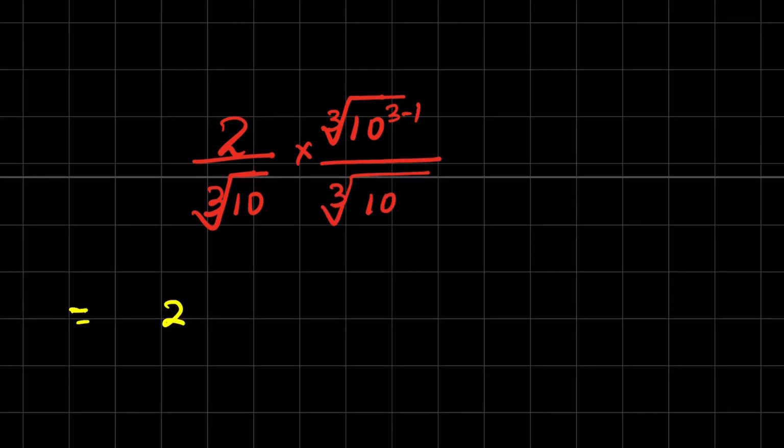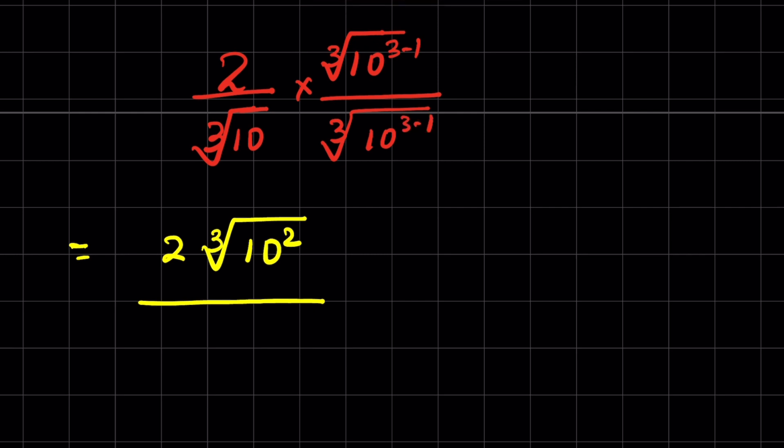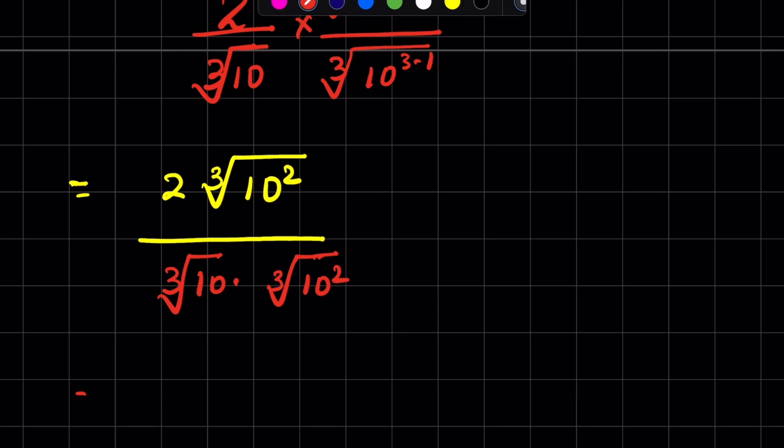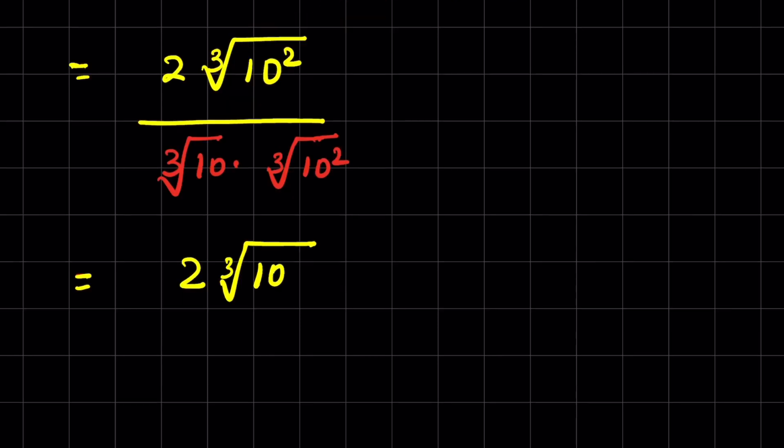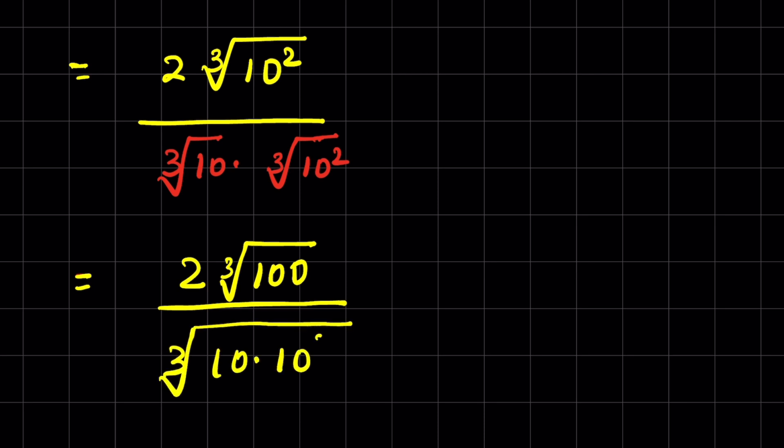So it is equal to 2 times cube root of 10 square upon cube root of 10 times cube root of 10 square, or we can write this as 2 times cube root of 100 upon cube root of 10 times 10 square, because under root a times under root b is equal to under root a times b.